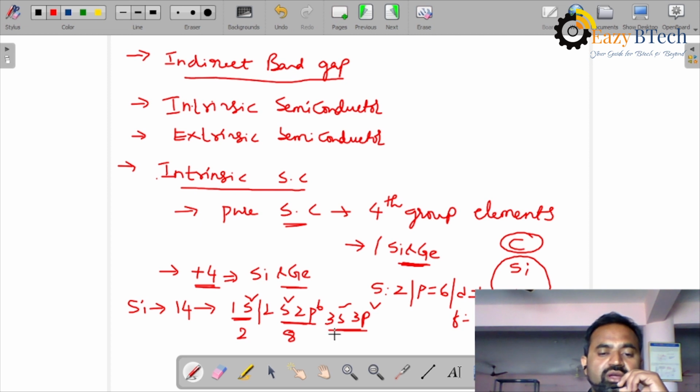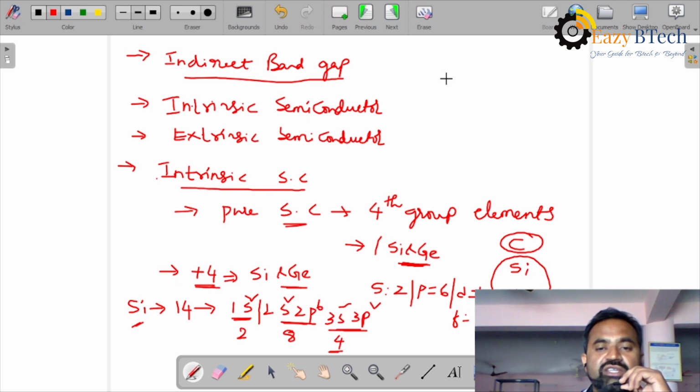In the third you have s, p, d, but as per our atomic number for silicon, it has only 3s2 and 3p2. In its outermost orbit, the third shell, it has 4 electrons. That is why it falls under the fourth group element. Silicon has 4 valence electrons.